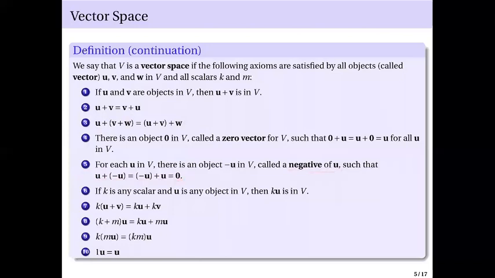So for any object in V, there must be a negative of that object such that when you add them, you will get the 0 vector. You will get the 0 in V.